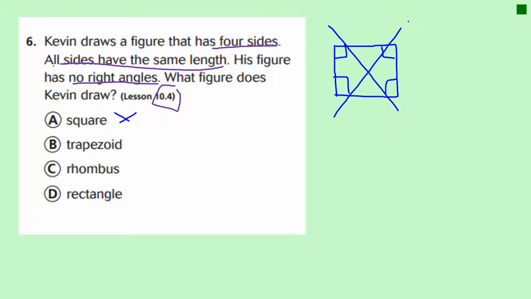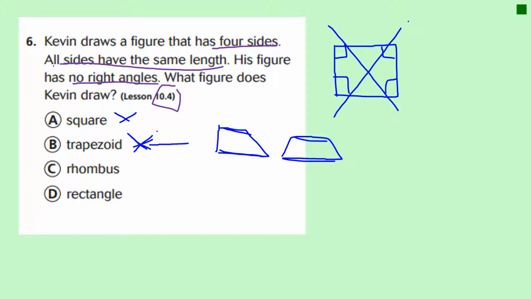It's not a square. It's not a trapezoid, because you know a trapezoid has only one set of parallel sides. Okay, so a rhombus. Oh, yeah.